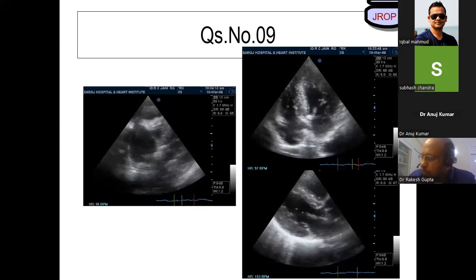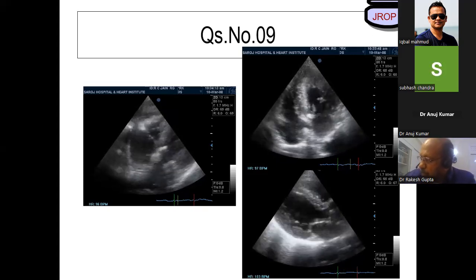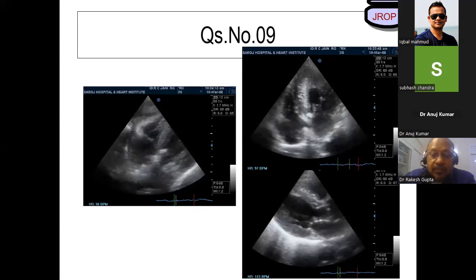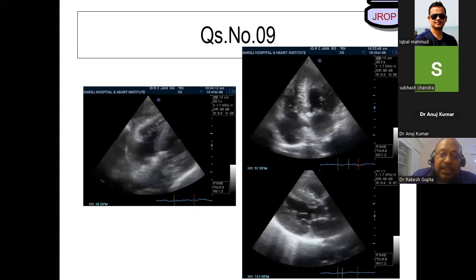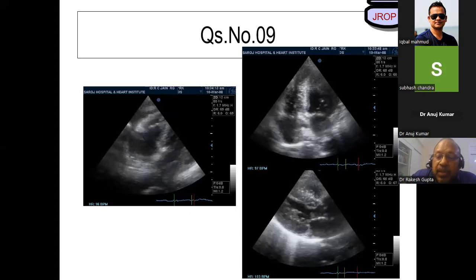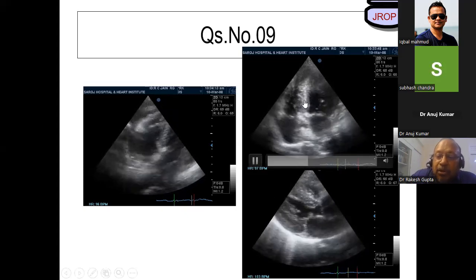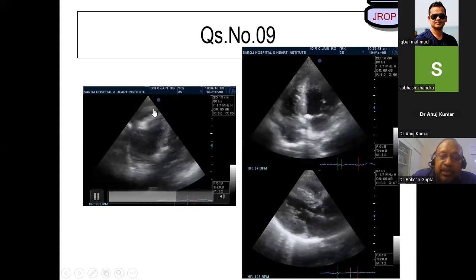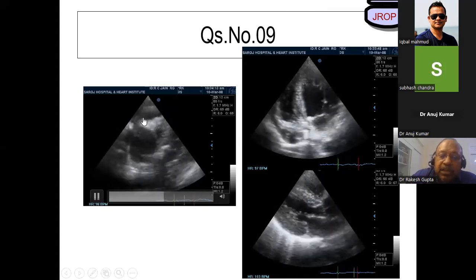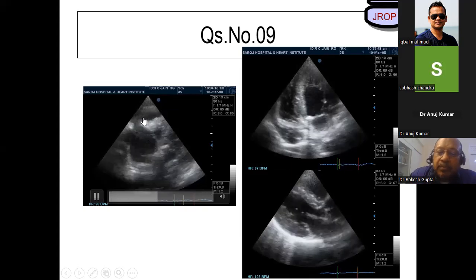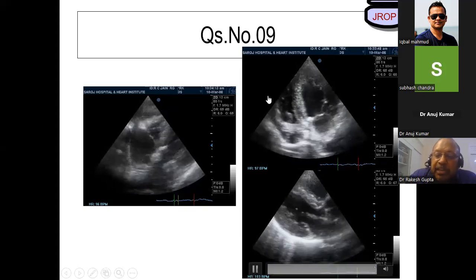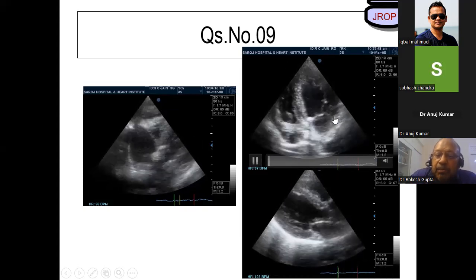Most probably amyloidosis, sir. Excellent. Everything is thickened and brightened. Look at the valves, look at the walls. And there's a small pericardial effusion, poor prognostic sign for amyloidosis. This picture is very, very classical of amyloidosis.